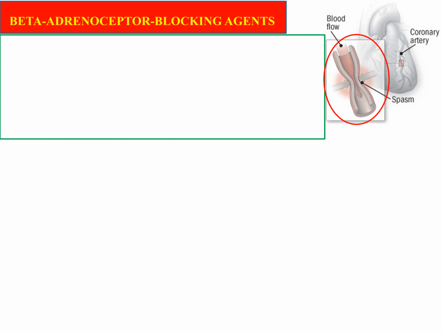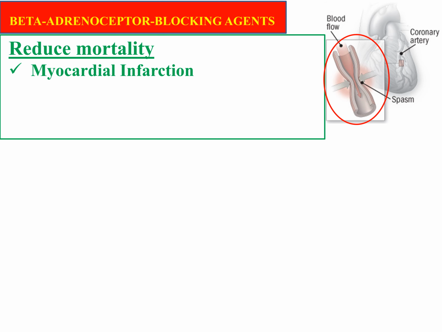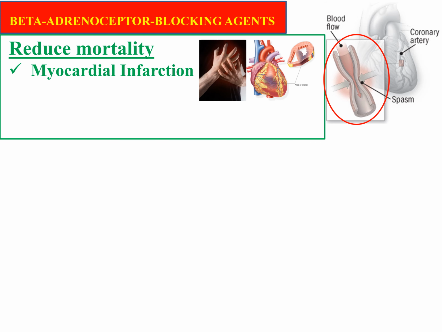The beta blockers have a very good advantage in reducing mortality for those who have a myocardial infarction. They reduce the mortality after myocardial infarction, because we know that in myocardial infarction the major reason for death is arrhythmia, which results from overactivity of the sympathetic nervous system as a compensatory mechanism.